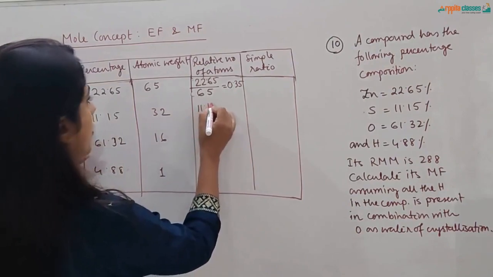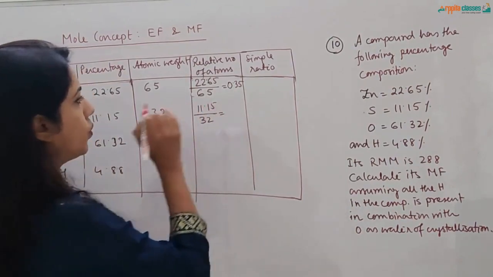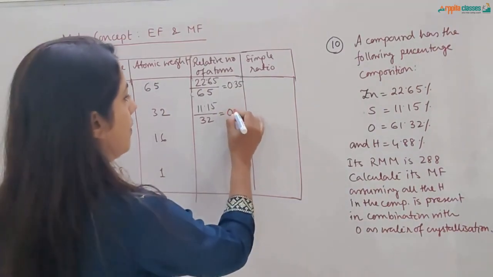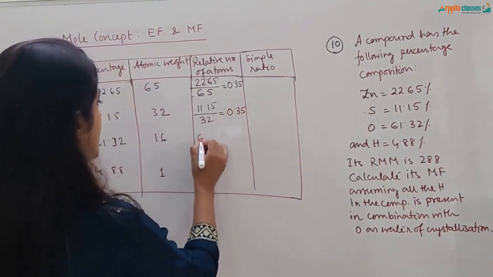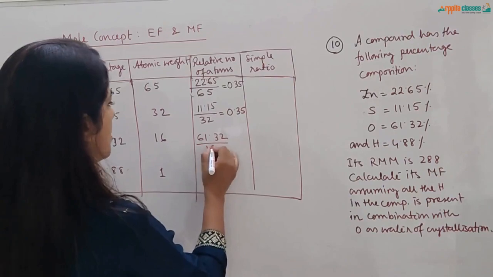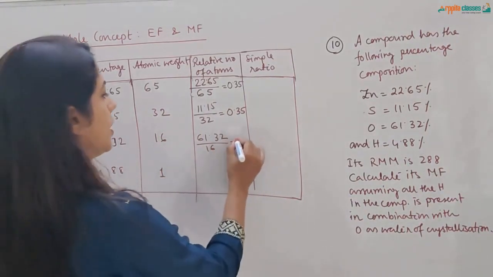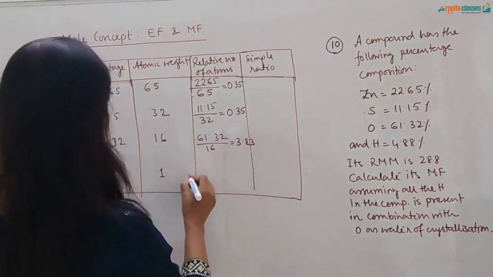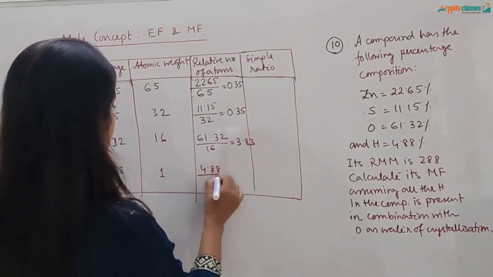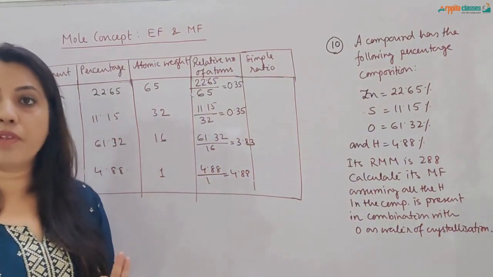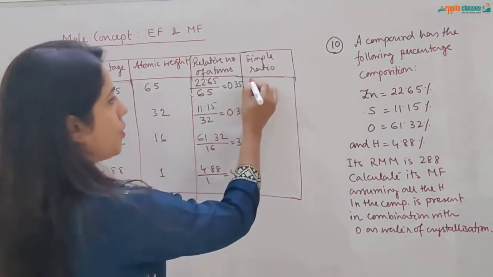Here it is 11.15 upon 32, which is again 0.35. This is 61.32 upon 16, which comes 3.83, and this is 4.88 upon 1, which comes 4.88. So the lowest value is 0.35. We will divide everything by 0.35.